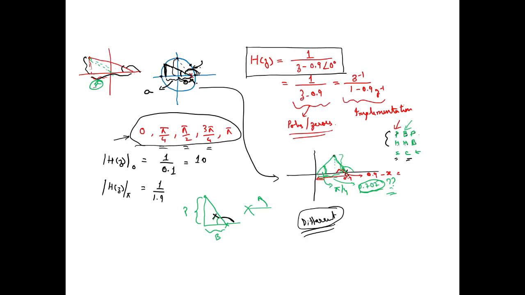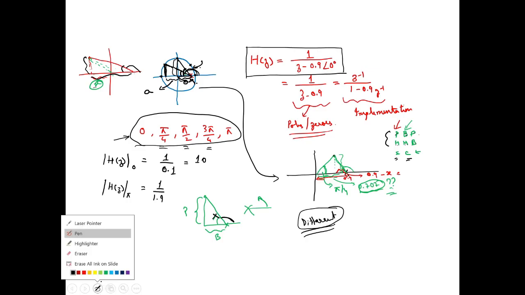So when you get this angle, 180 minus this angle, you get the thing. Here also, this is a right triangle. You get this angle, you will be able to do this. Similarly, for the first one also. So in this way, you will be able to get the amplitude responses and the phase responses.